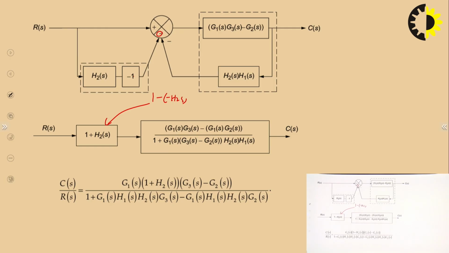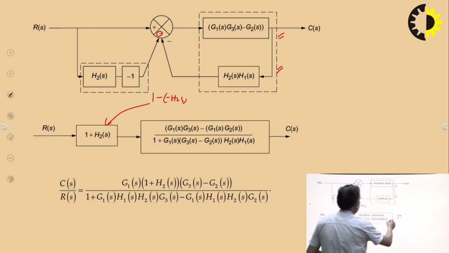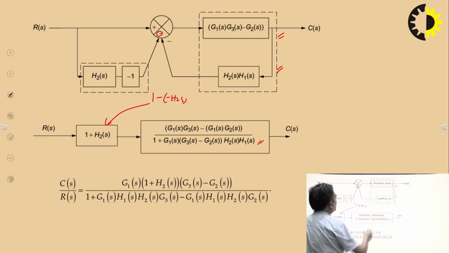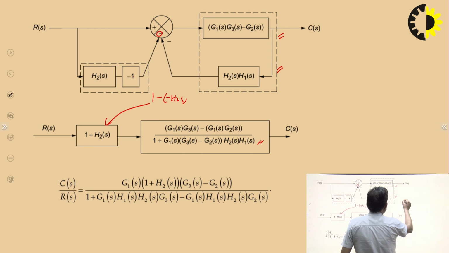Okay. And here you can see that this is your forward path transfer function and this is your feedback path transfer function, and your feedback is basically negative. Okay. So G upon 1 plus G into H. Okay. So you can see this is how you are solving this.